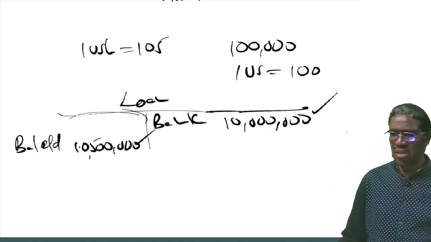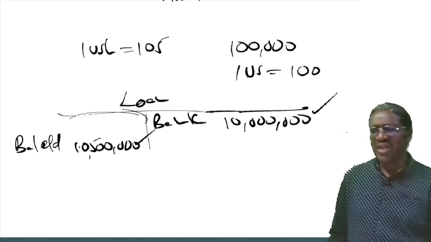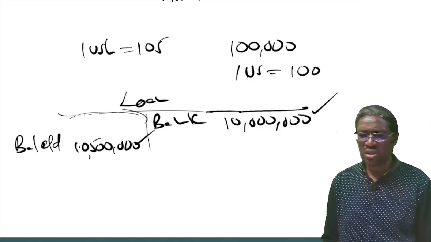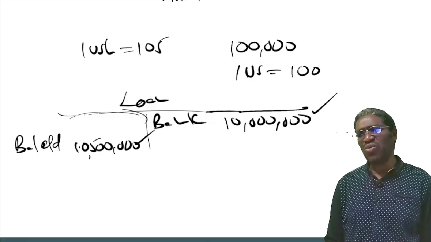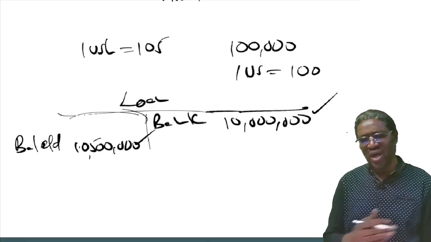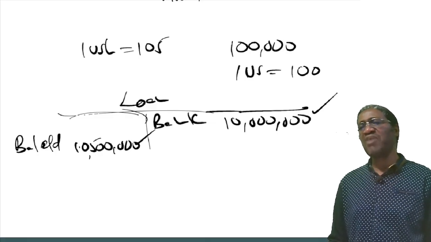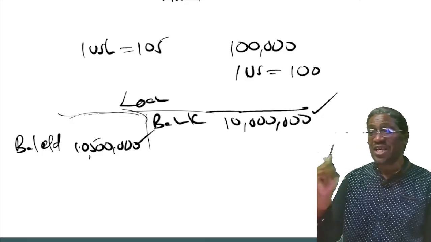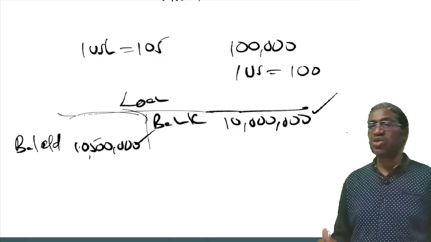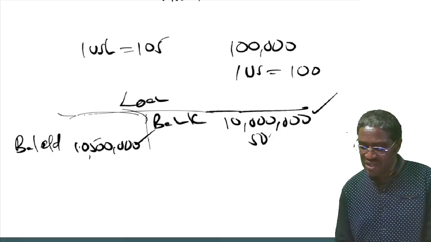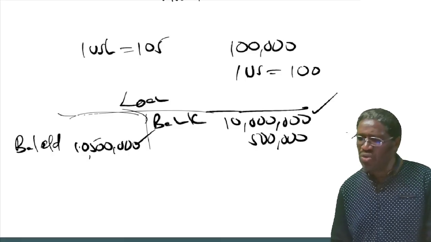Listen, but when you look at this account, it's like you have been given an additional loan. You began the year with a loan of 10 million, but now you're carrying down a loan of 10.5 million. It's like you have been given an additional loan of 500,000, which is the difference on the credit. But is it a loan you have been given?